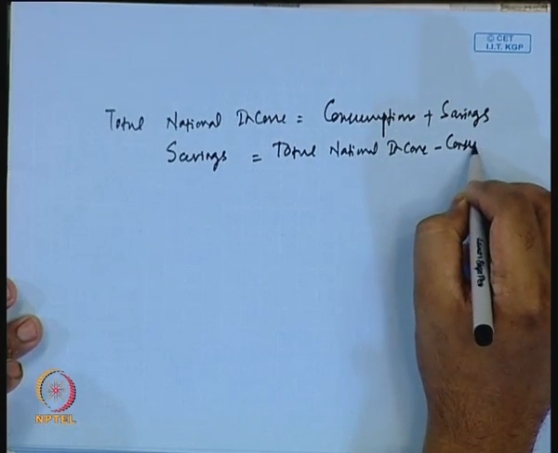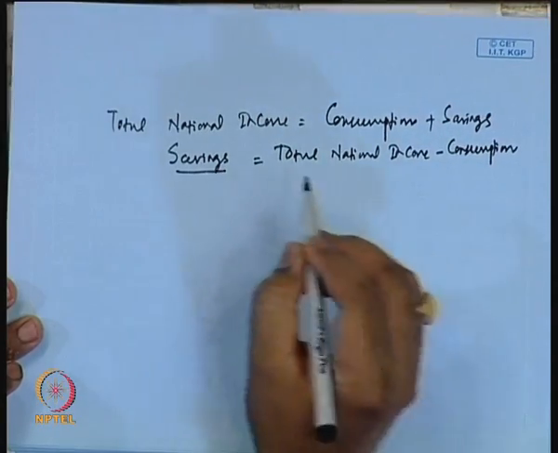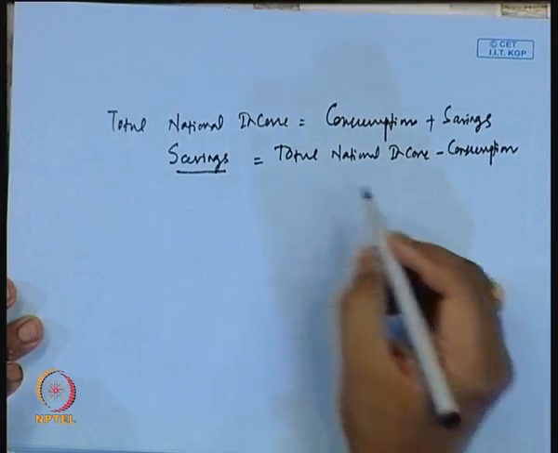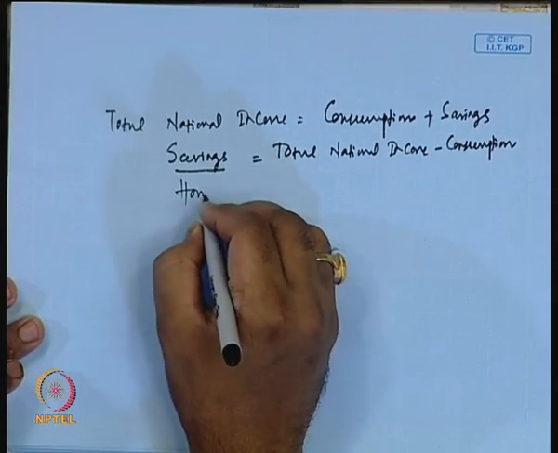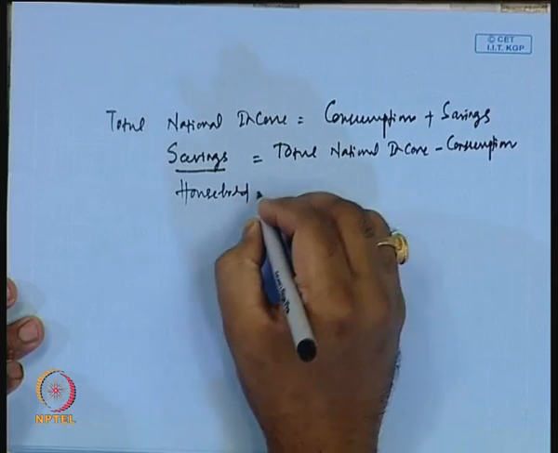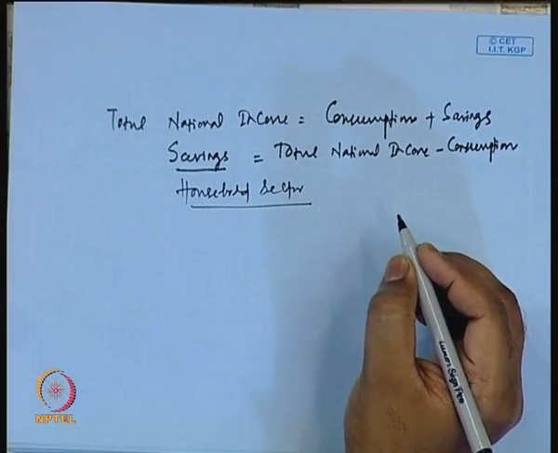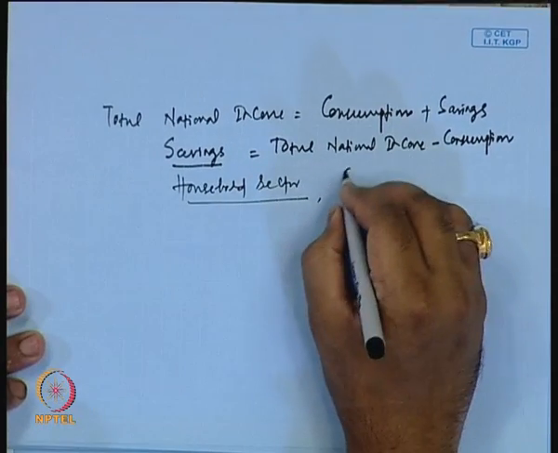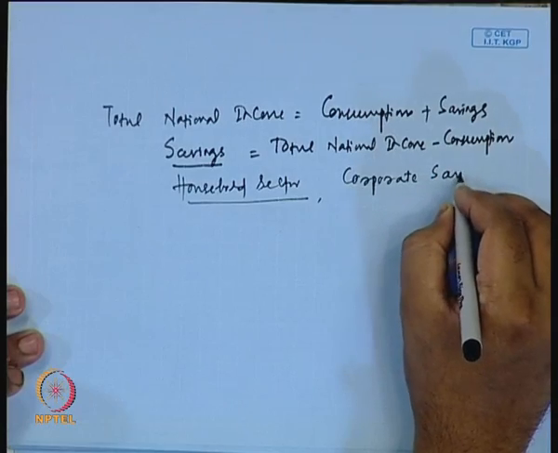So, the supply side comes from the savings, and they also refer that savings come from the household sector. And as we know, savings can be made by the corporate sector also, which we call corporate savings.